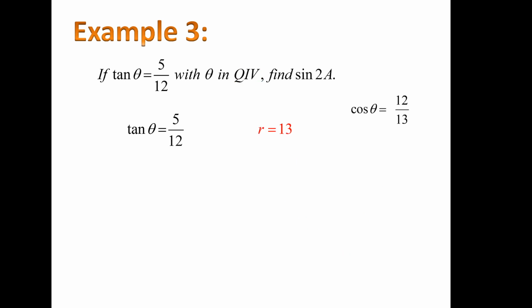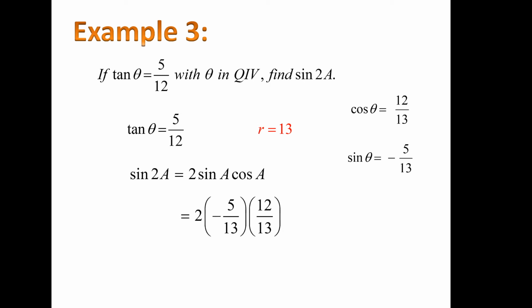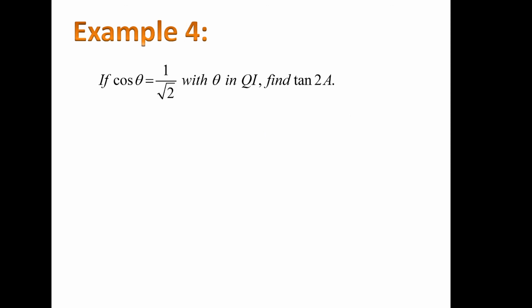Using all the information, we find cosine of theta and sine of theta, and then using the double angle identity, plug in the numbers, evaluate, and multiply the fractions straight across. So we get negative 120 over 169.